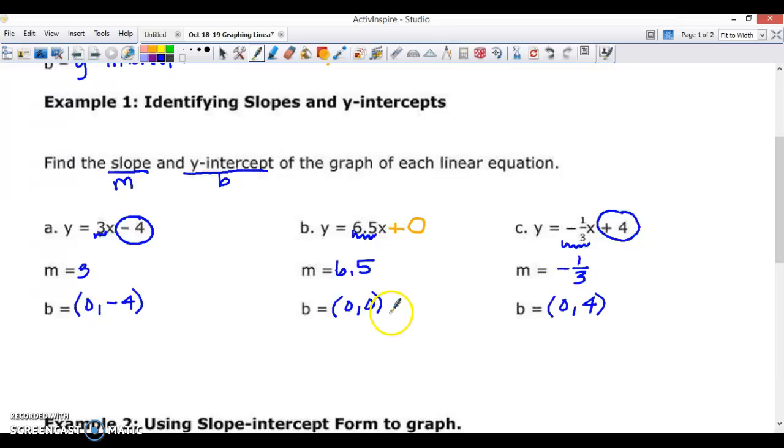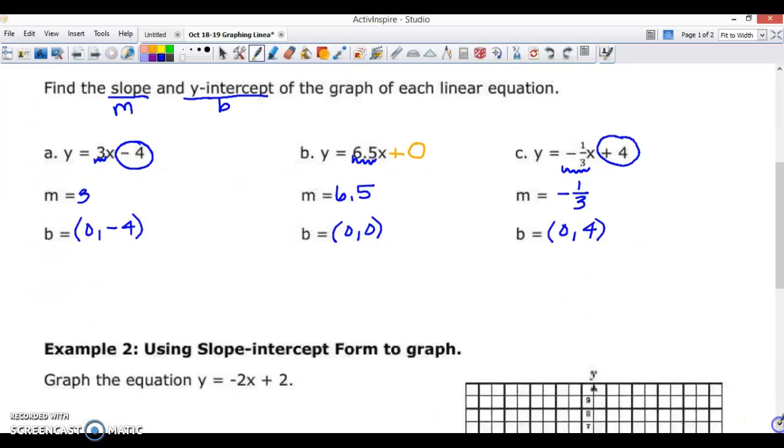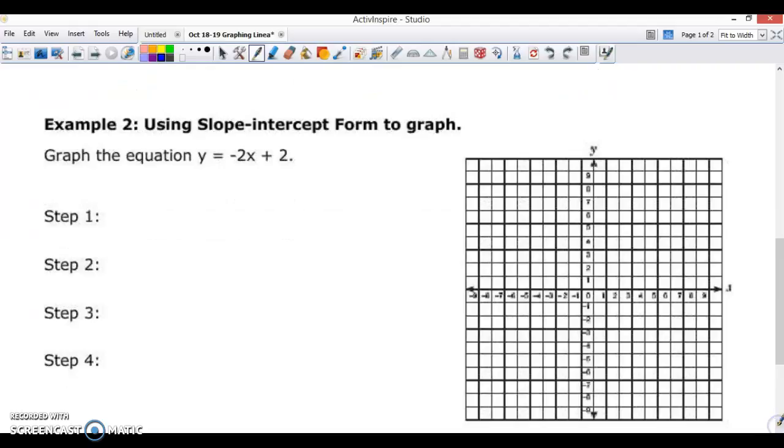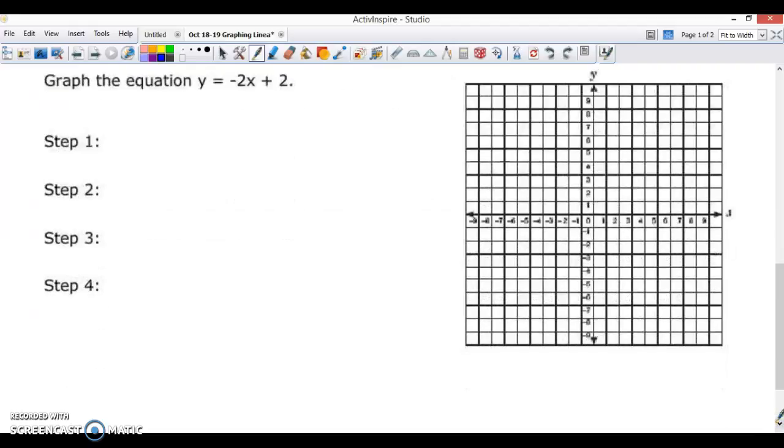Now that we know how to locate the slope and how to locate the y-intercept, we can use this information to graph. Example number 2 says, graph the equation y equals negative 2x plus 2. The first step is to mark the y-intercept.